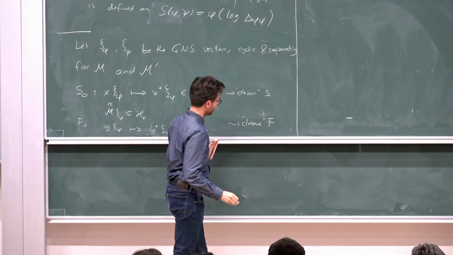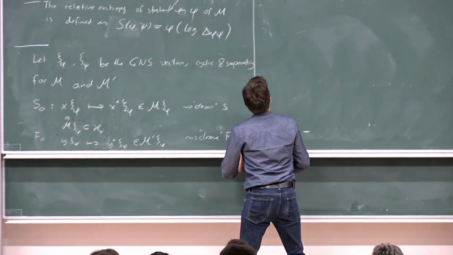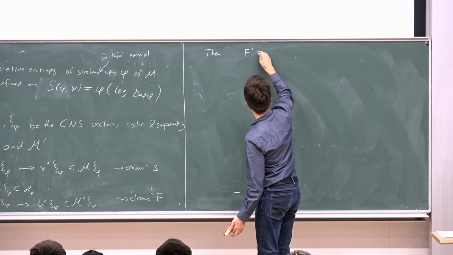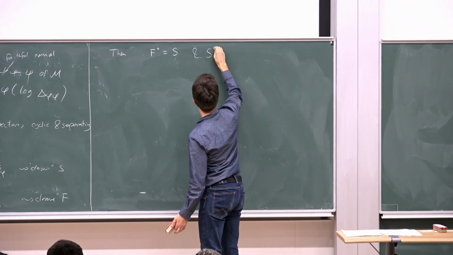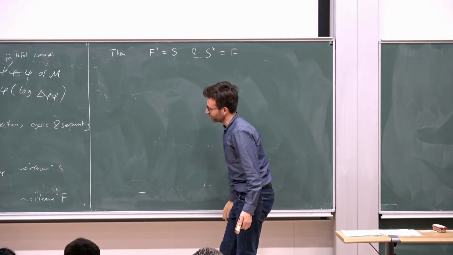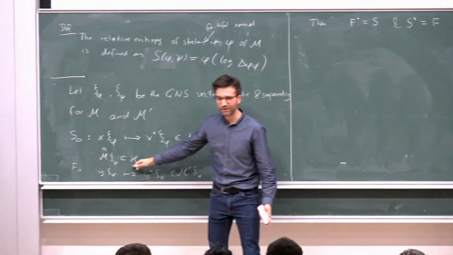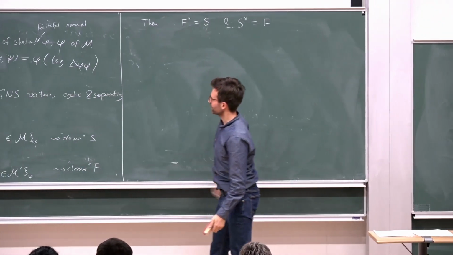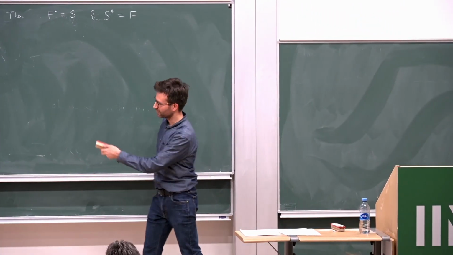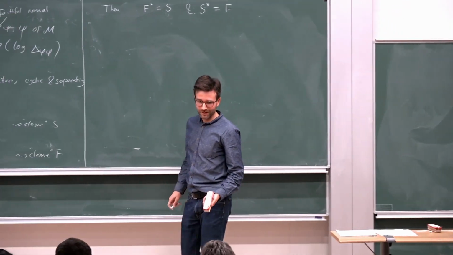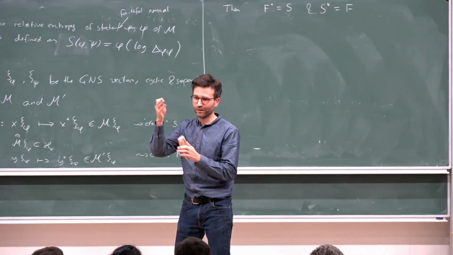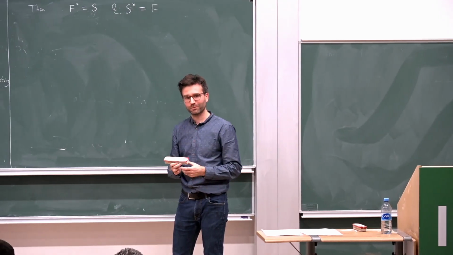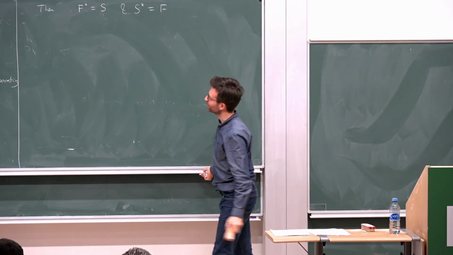It's called F. And one can show that F star equals S and S star equals F. Okay, we have a Hilbert space here, so we can talk about the adjoint of an operator. These are not linear. These are antilinear operators. So antilinear means if you pull out a complex scalar, you have to complex conjugate. Be careful about that.